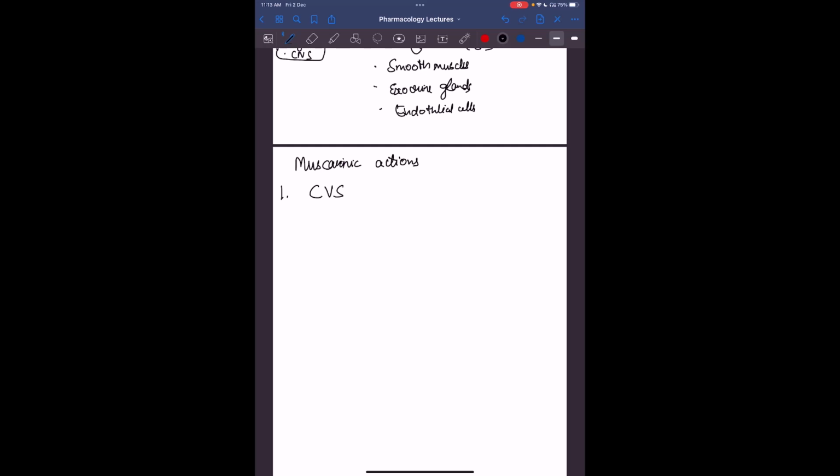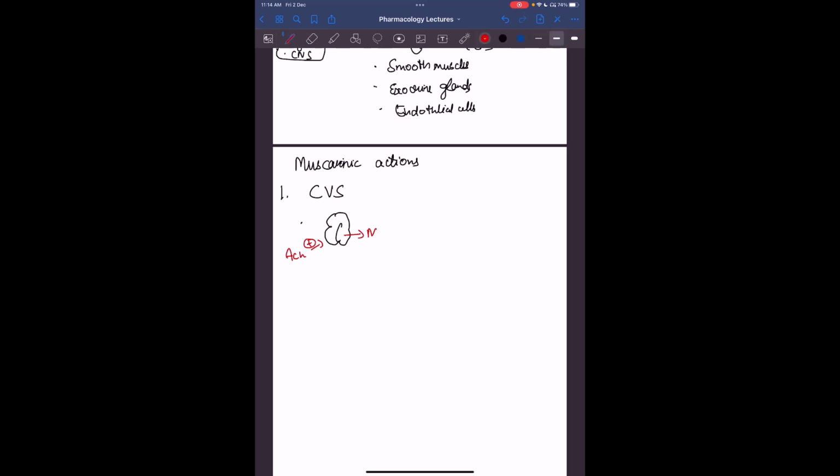Under the cardiovascular system, the heart has which receptors? M3 receptors. So what happens? Acetylcholine acts on the heart and it stimulates the... okay, my bad, I have made a mistake.